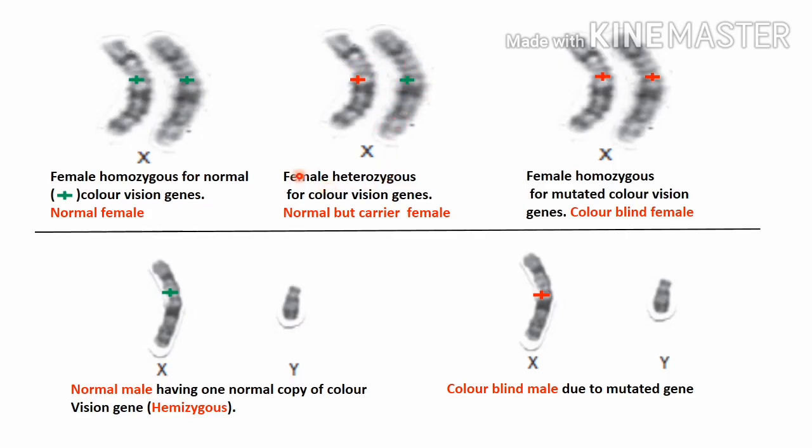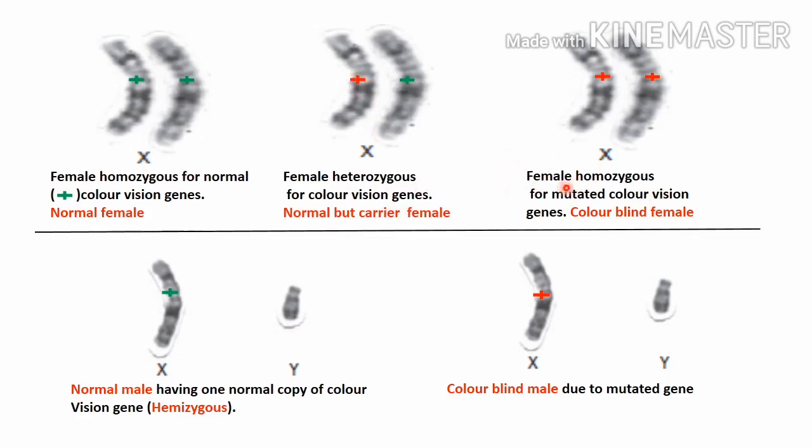It means this female is now heterozygous because one X chromosome has a mutated allele and the other X chromosome has a normal allele of the gene, and then this female will be normal. She will continue to sense the colors, she will have no symptoms of color blindness, and the mother will be normal, but she will be a carrier of this defective gene to her children.